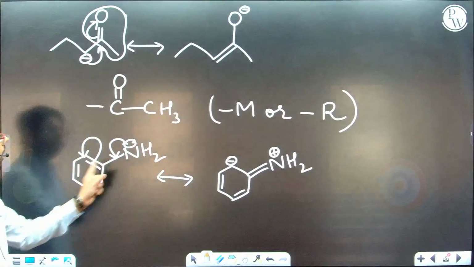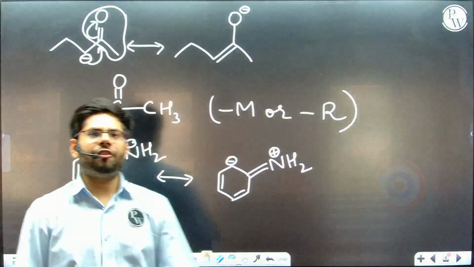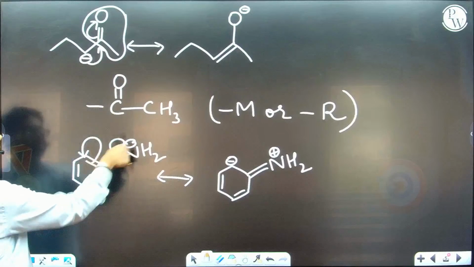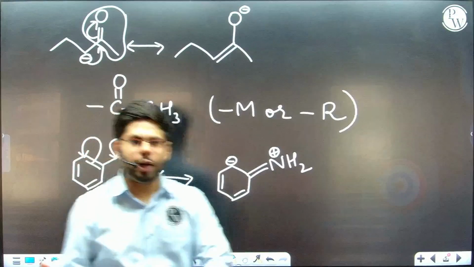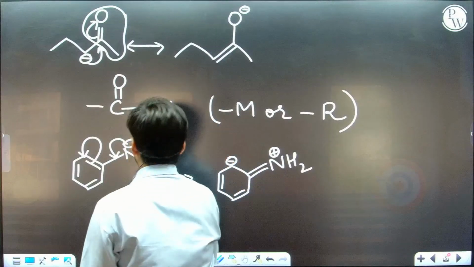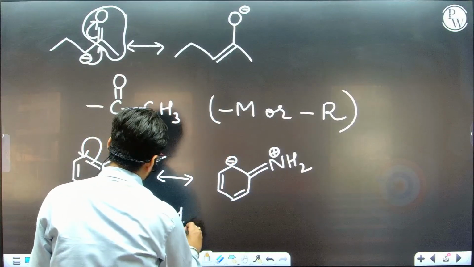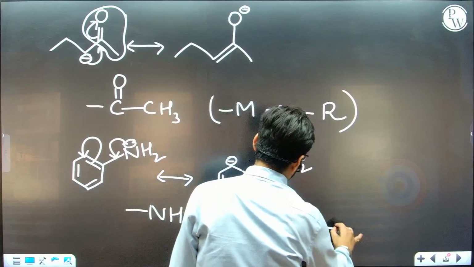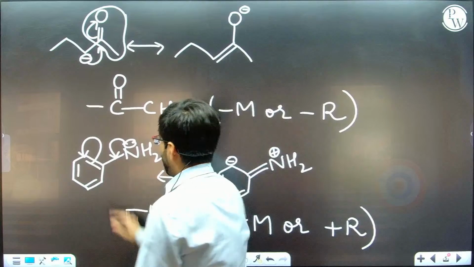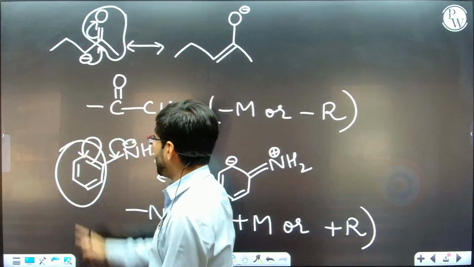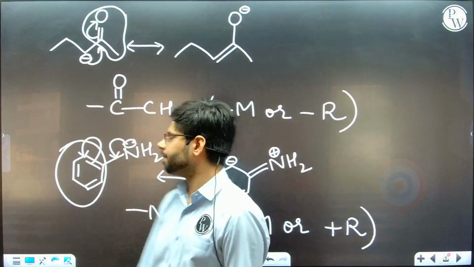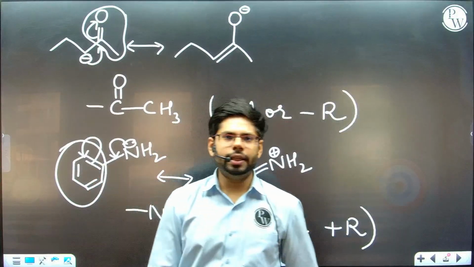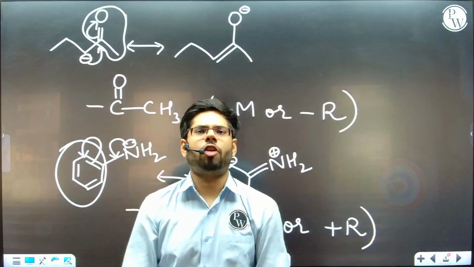During resonance, if I ask you, electrons are moving away from NH2 or towards NH2? So we can clearly see that this lone pair is moving away from nitrogen. It's being donated by the nitrogen atom, which means I will say here NH2 is showing plus M or plus R effect. And the phenyl ring is showing minus M or minus R effect, because the phenyl ring is accepting the electron pair from NH2.